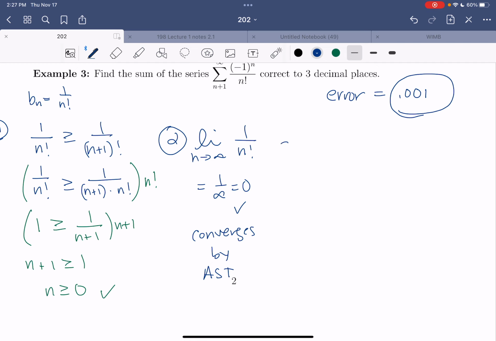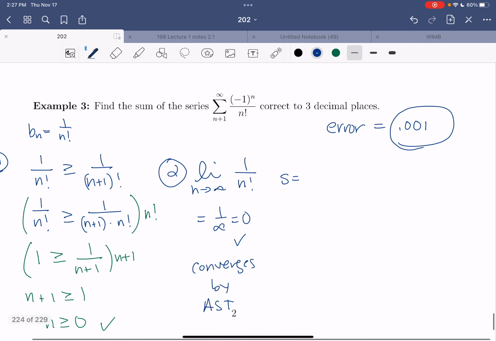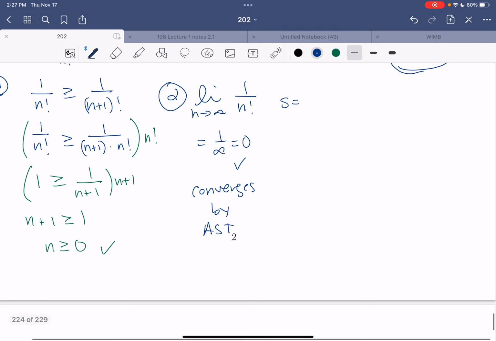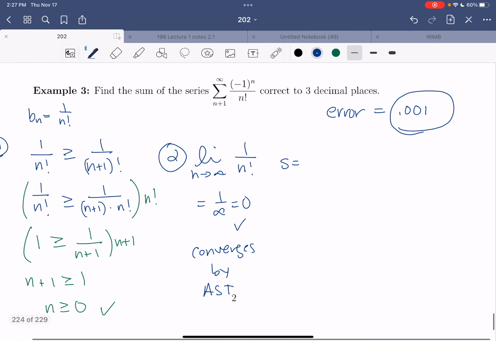So let's see, our sum, let's start plugging in terms. So when you plug in n equals 1, and again, I did this all over the place, I'll have to fix this. This should be n equals 1. Okay, if we plug in 1, negative 1 to the 1 is negative 1 divided by 1 factorial, which is negative 1.